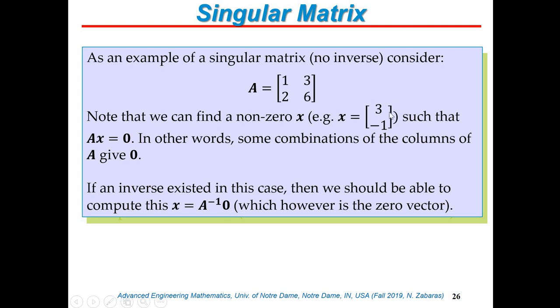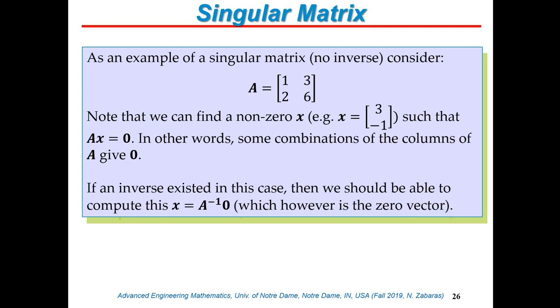How can you get something that is non-zero? So if you can identify a solution to Ax equals 0 that is not 0, you know that the matrix is singular. This is a very nice way to look at the invertibility of matrices.